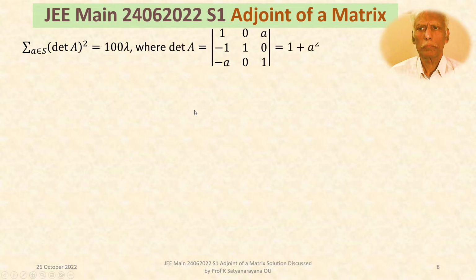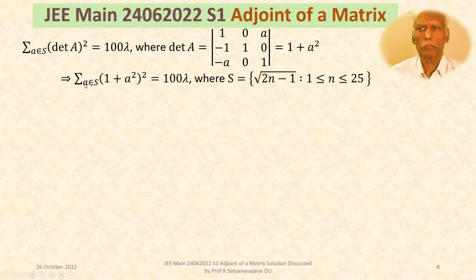So that is the one, and the determinant we have calculated is 1 plus a squared. Substitute here. That is the sum over a belonging to S of determinant of A squared, that is (1 plus a squared) whole squared, is equal to 100 times lambda, where S is root of 2n minus 1 for n values 1, 2, 3 up to 25. So now this will be the sum of (1 plus a squared) whole squared.